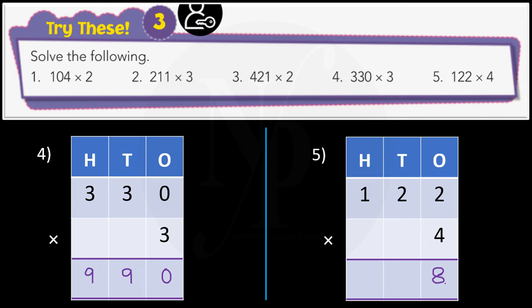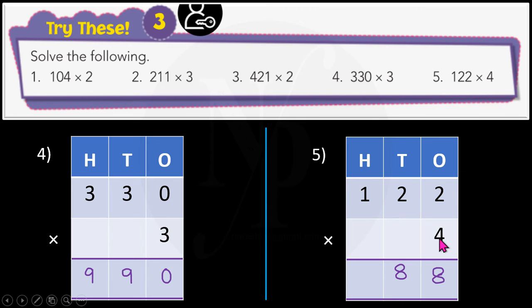In ones column, and here we have 2 in tens column which represents 20. So multiplying 20 by 4 we get 80. 2 tens into 4 is 80. So we write 8 in tens column. And in the hundreds column we have 1, which represents 100.